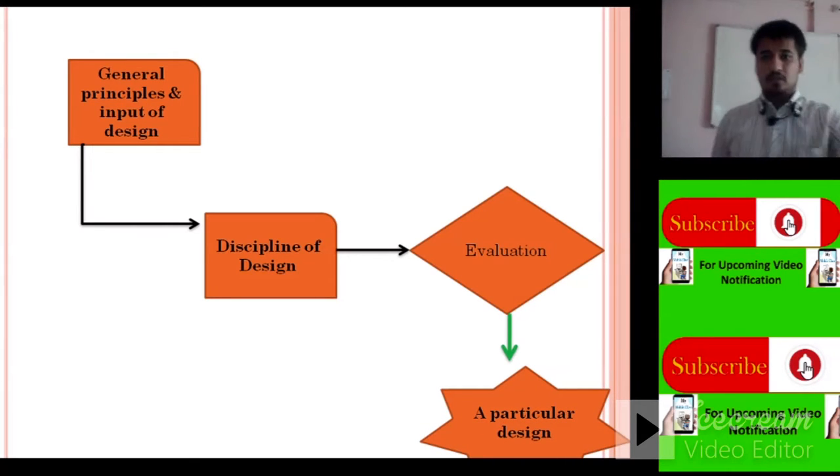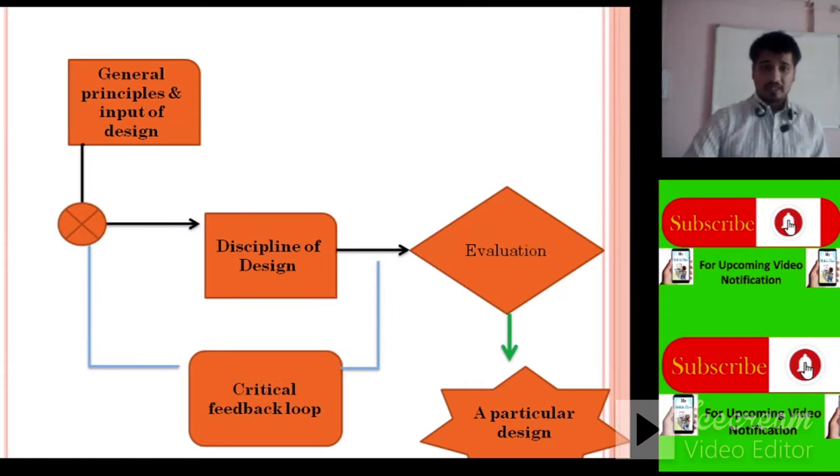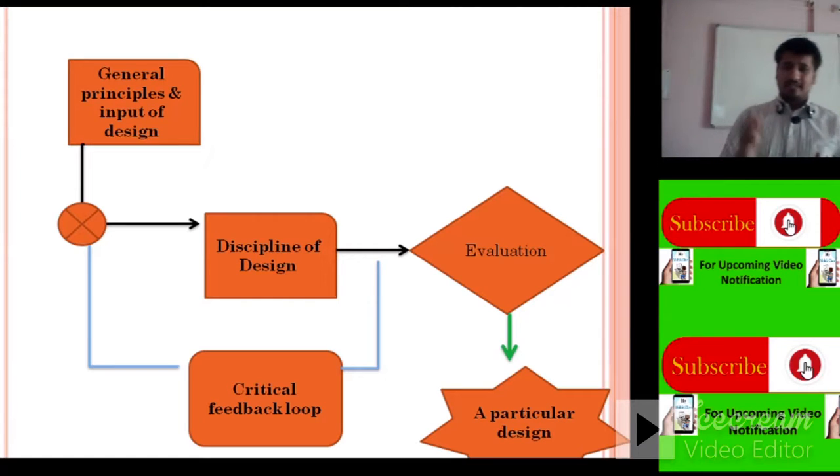If we have some problem in the evaluation stage, then for that purpose we have a closed loop system here, a critical feedback loop. The problem identified in the evaluation stage is again evaluated through the discipline of design stage, and after that we reach a particular design stage.